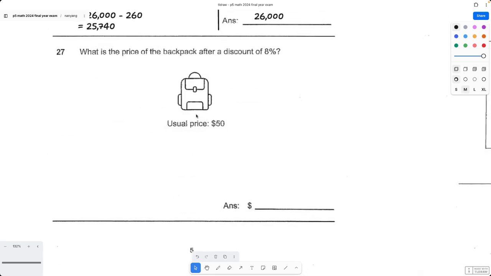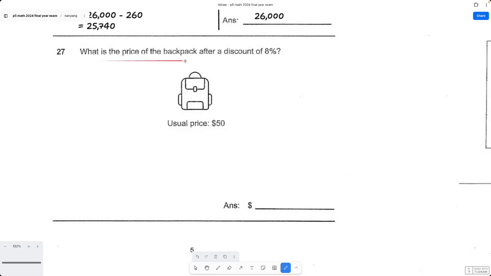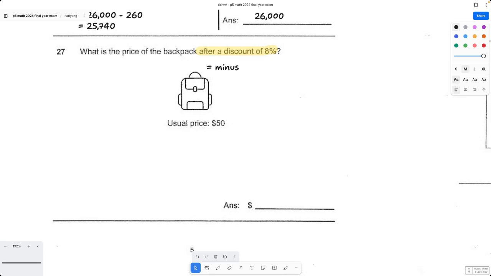Question number 27. What is the price of the backpack after a discount of 8%? So after discount means minus 8%.